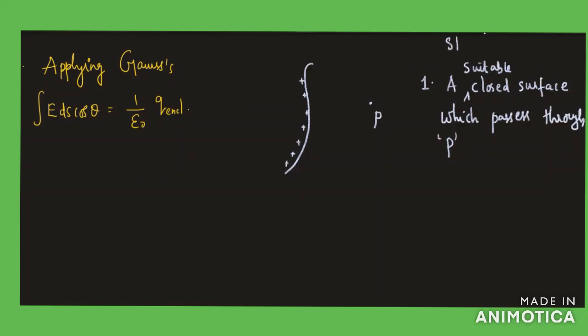These are the steps that we need to follow while using Gauss theorem to find out the electric field due to charge configuration. First step is to select a suitable closed surface which passes through point P.